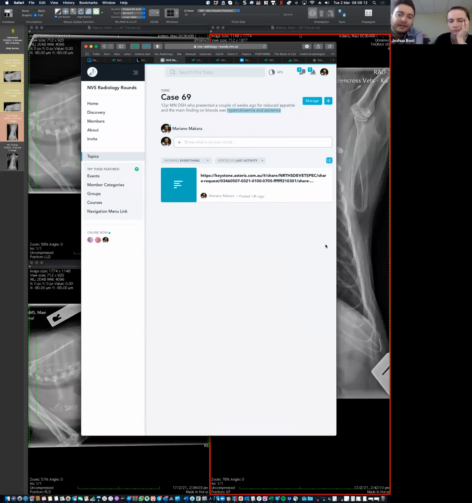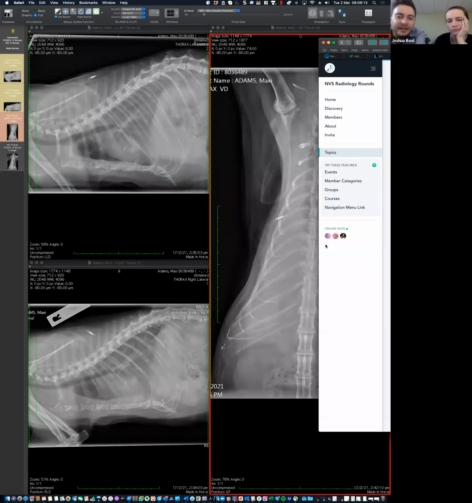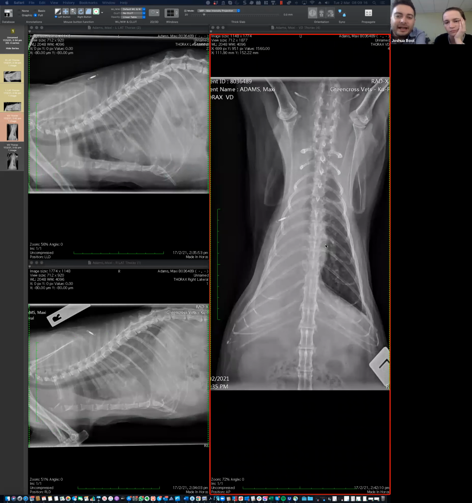Can I add as well that one interesting part about the hemithorax whiteout is that on the VD you can't see the heart. There seems to be effacement completely, and it looks like a relatively straight radiograph. So I assume there's almost like a mass effect where it draws in, like a collapse of a lung lobe, where it draws in a structure.